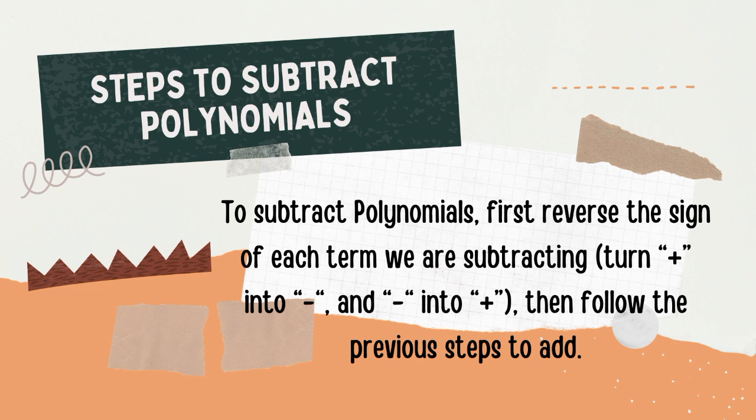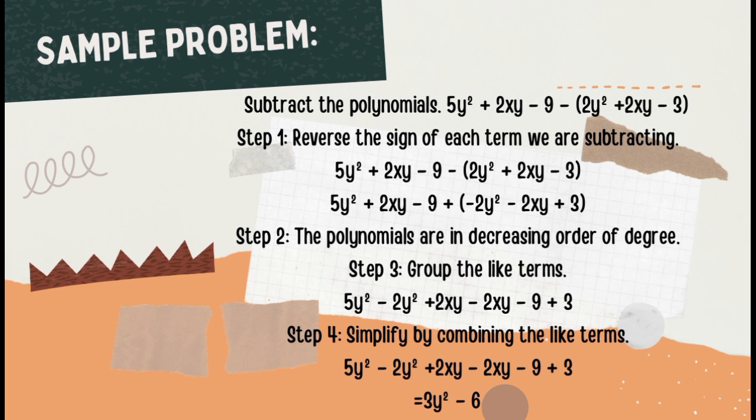To subtract polynomials, first reverse the sign of each term we are subtracting. For example, turn positive into negative or negative into positive. Then follow the previous steps to add. To understand it more, I have a sample problem.